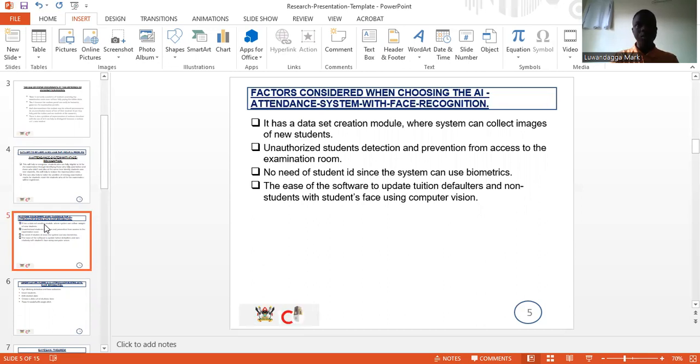Why would a registered student carry an examination permit and a student's ID when the system is going to show it? This will help remove the problem of all those paper documents. There is also the ease of the software to update tuition defaulters as non-students, with the students first using computer vision. It's very easy to update the system with the data in the database.